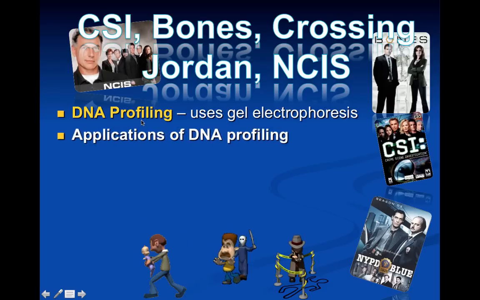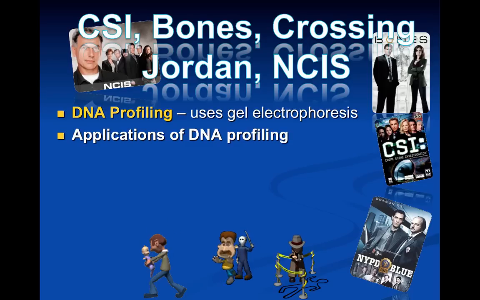So DNA profiling uses a technique called gel electrophoresis, which we're going to go into in some more detail. But basically what DNA profiling means is you're looking at a sample of DNA and trying to compare it with other sources to see if there's a match.